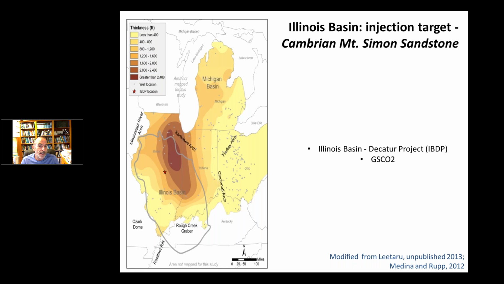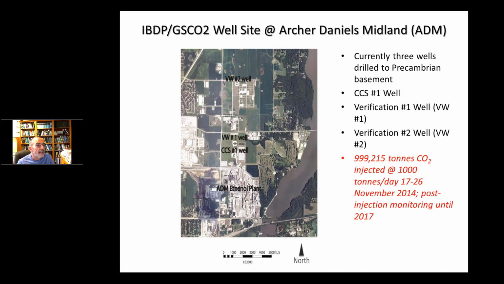And in the last few years, the project that we've been involved in is looking at the storage of CO2. This is the well site down at Decatur in Illinois. It's an ADM ethanol production plant, and so that's where the CO2 for injection comes from.